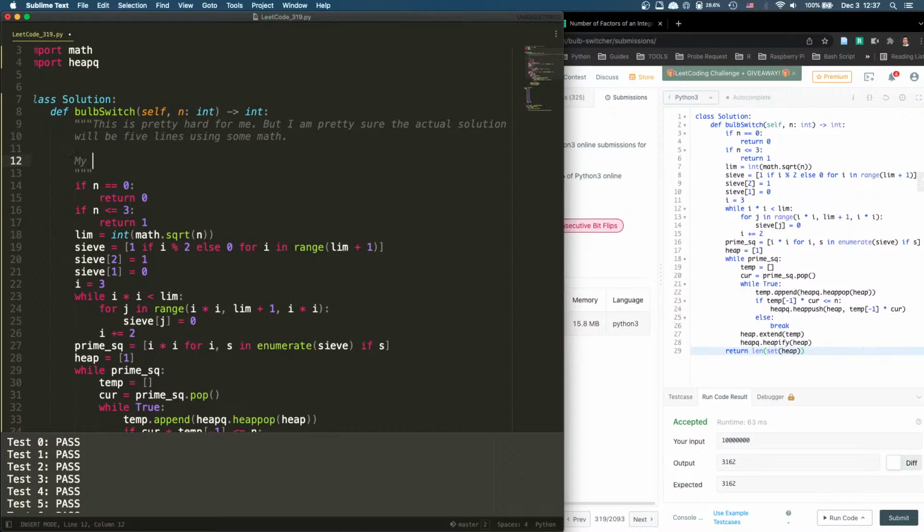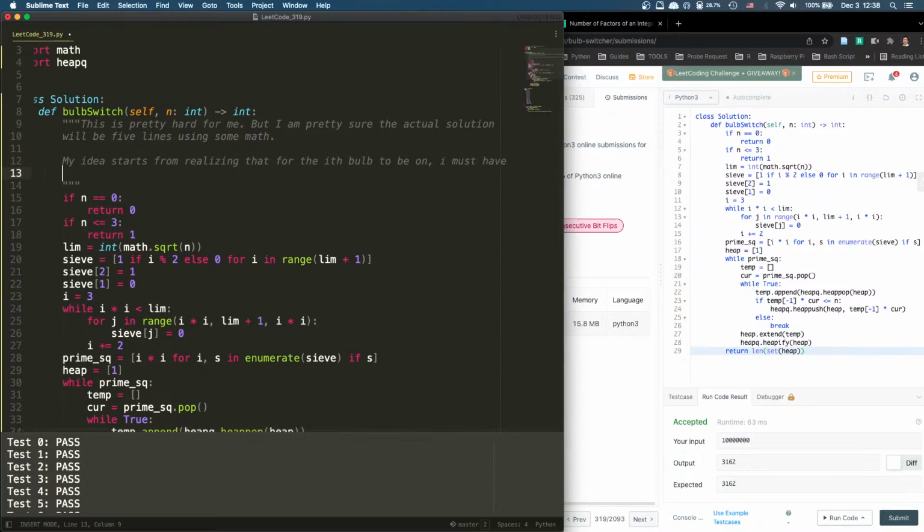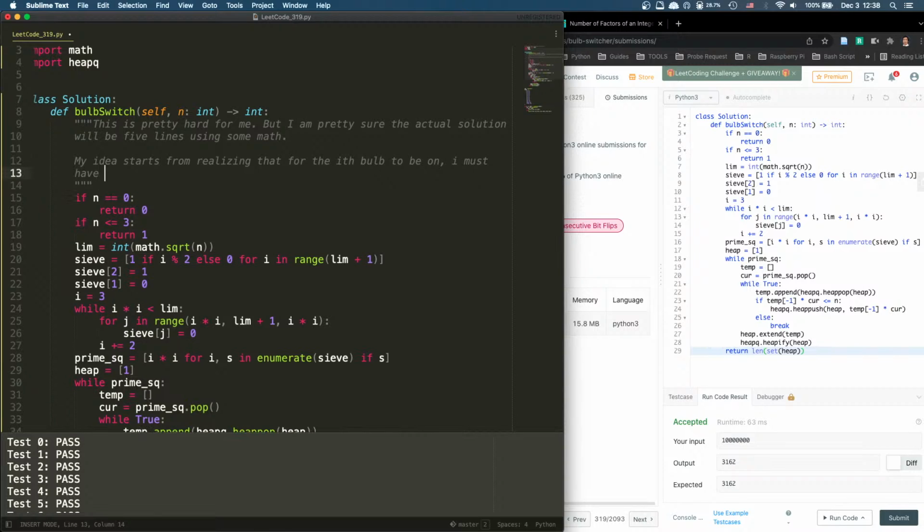But my idea starts from realizing that for a number, for the say ith bulb to be on, I must have an odd number of unique factors, including 1 and itself.